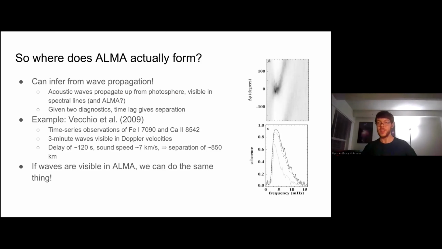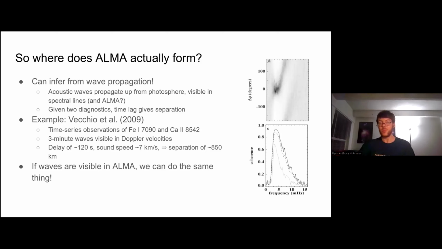And if you can see a given wave propagating in both of those, then you can get a time lag. And from that time lag, you can infer a physical separation, as has been done with spectral lines, say iron 7090 and calcium 8542, among many, many others.